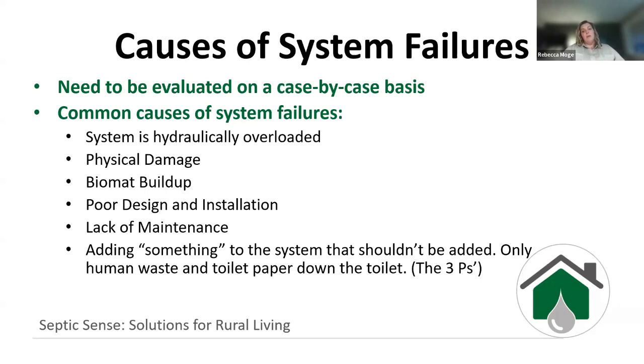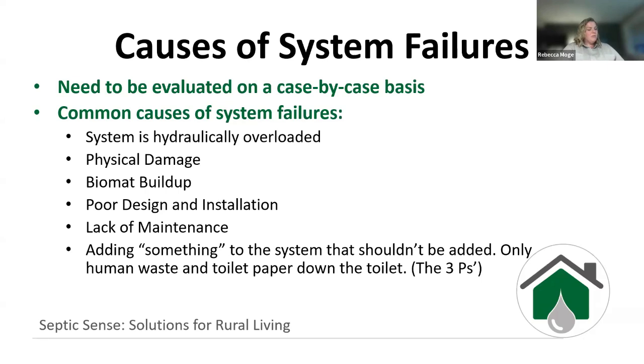Biomat buildup, so possibly too many organics going out to the field and plugging it up. Possibly poor design and installation, so maybe the soils weren't evaluated properly from the very beginning. All of those types of things can be part of issues that we experience down the road when we're looking at what's going wrong.